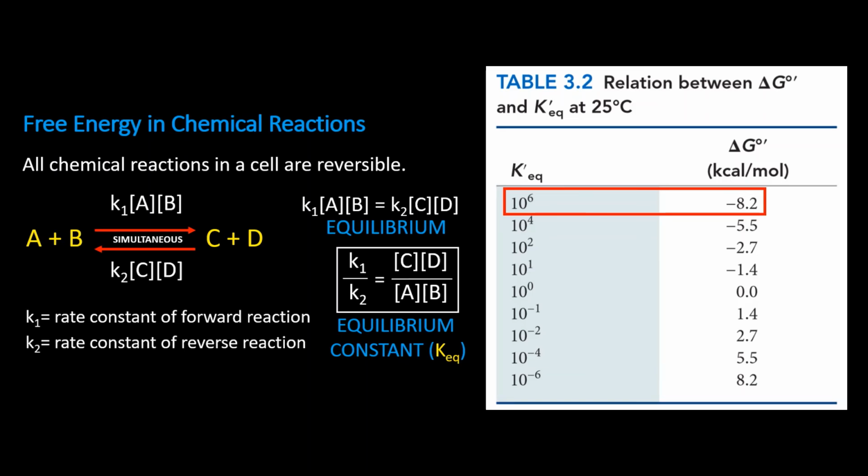Here on the top, we have an example of a chemical reaction wherein the free energy is negative 8.2. Remember, if the free energy is negative 8.2, what is this reaction going to be? Exothermic? Endothermic?